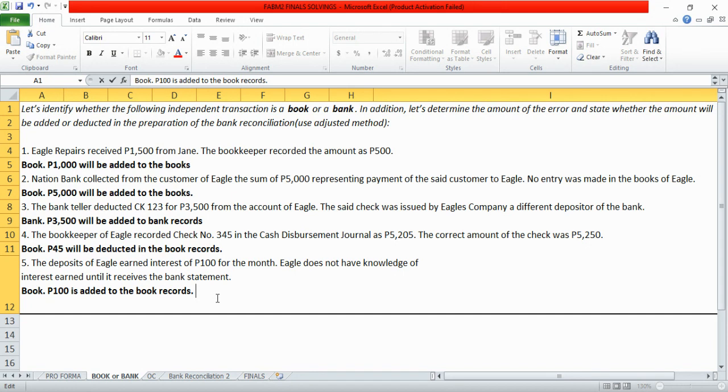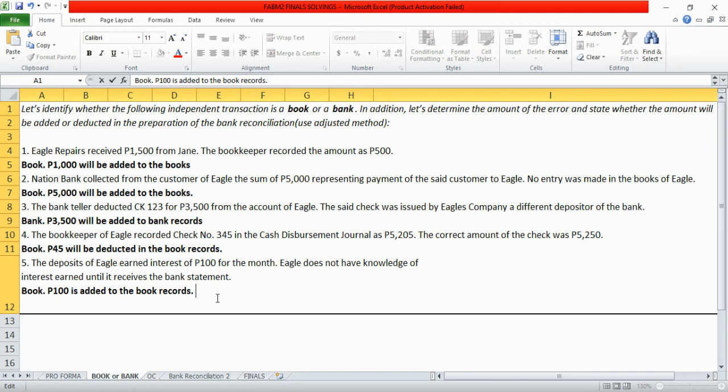So that is also included in our book, because we have to add 5,000 to the books of Eagle. Now for number 3, the bank teller deducted check 1234 for 3,500 pesos from the account of Eagle.